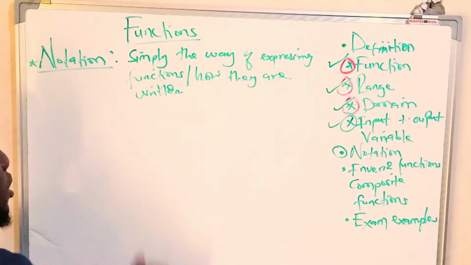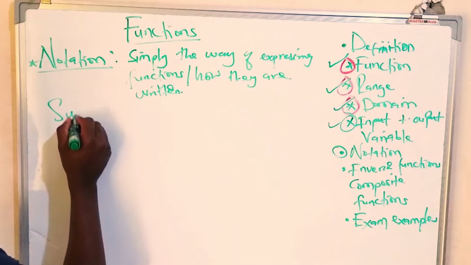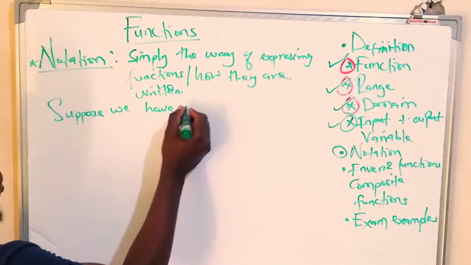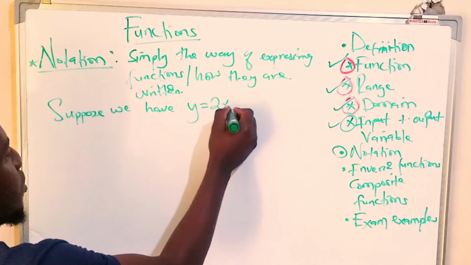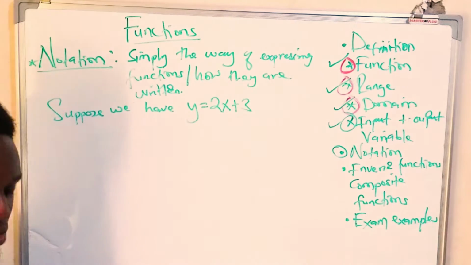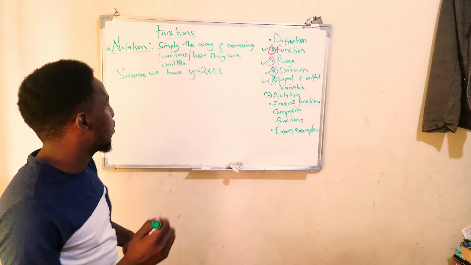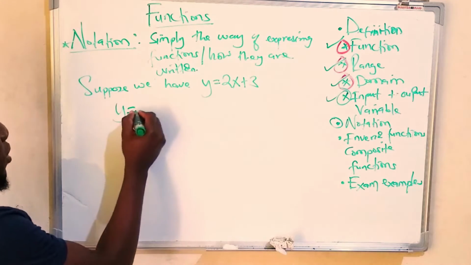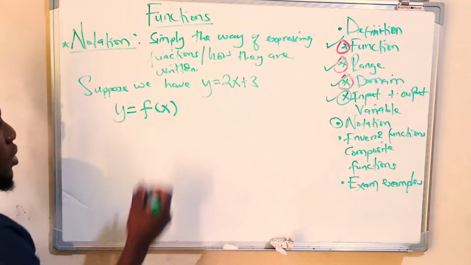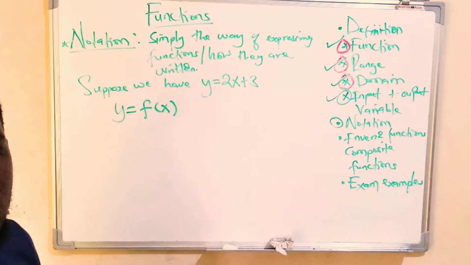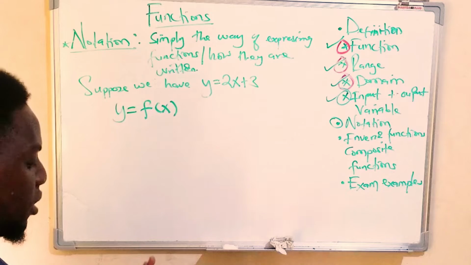At the beginning, I said, suppose we have y is equal to 2x plus 3. We should take note that y is equal to f of x. We can say that y is the same as f of x. That's what we should take note of before we start writing down functions.